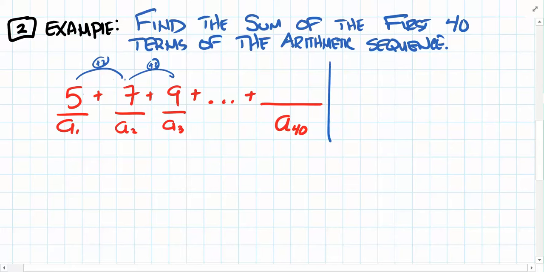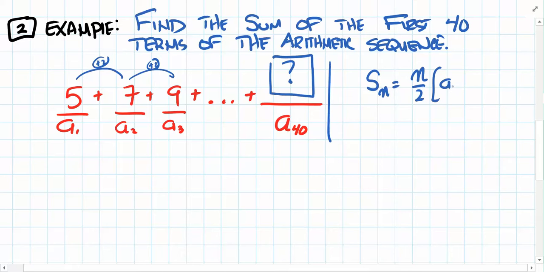So I have 5 and 7, that's 12. And then 12 and 9, that's already 21. So how much would this add to if I added up the first 40 terms? Well, you might notice something. I don't know what the 40th term is, and I need that for my formula, because the sum of the first n terms is n over 2 times the very first term plus the very last term.